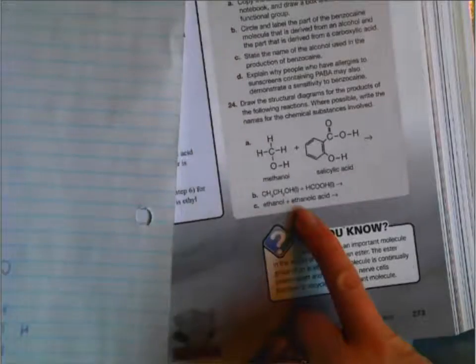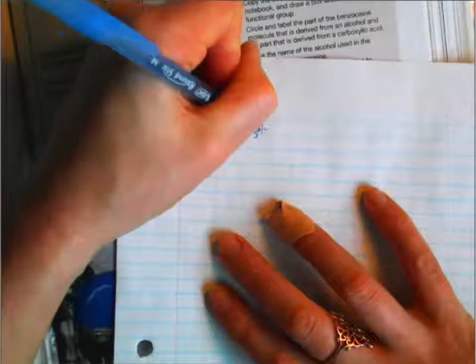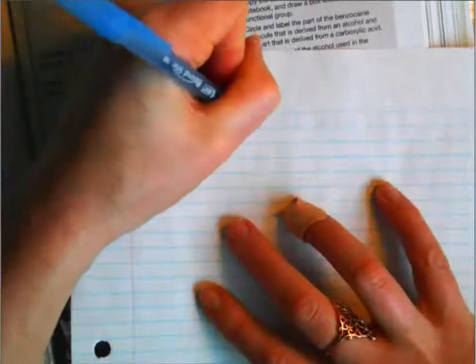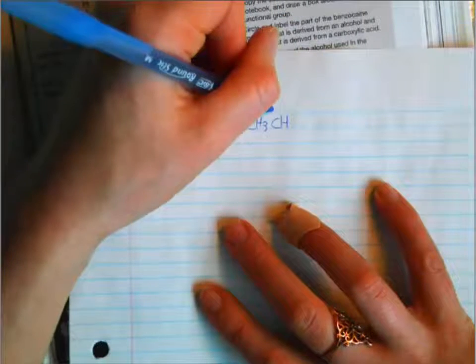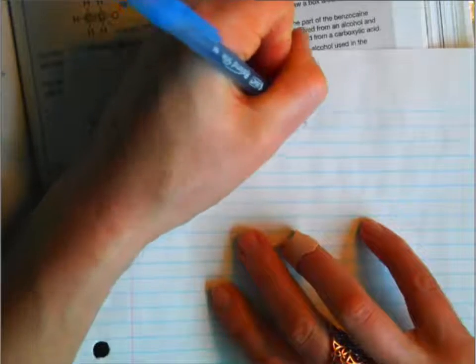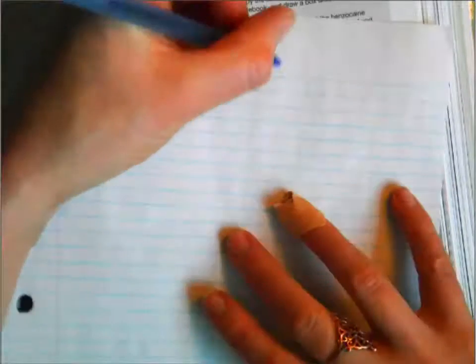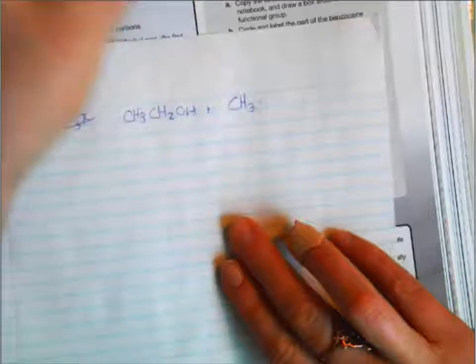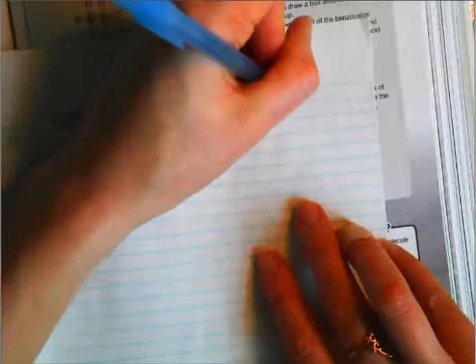Last one, ethanol and ethanoic acid. So ethanol is going to be CH3, CH2, CH2OH, wait, 1, 2, 3, yep. And then ethanoic acid is going to be, so plus CH3, C double bonded O bonded to an OH.